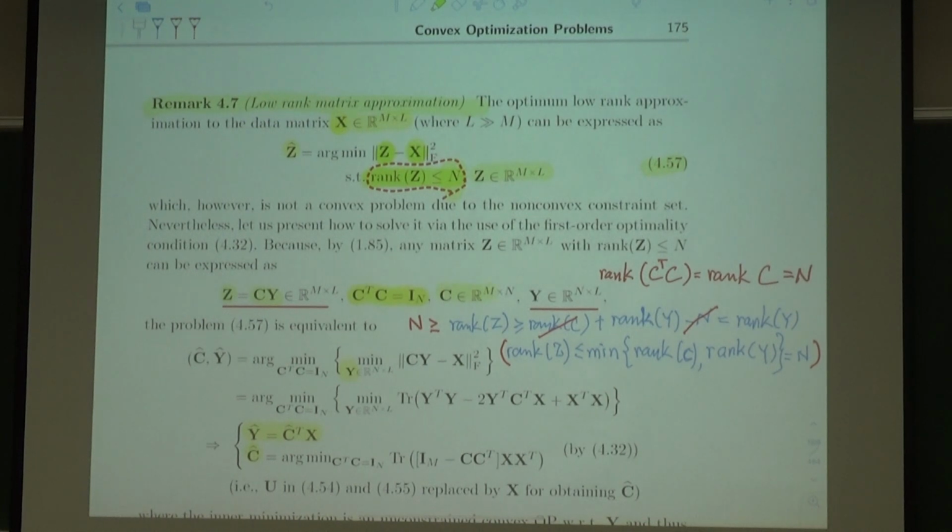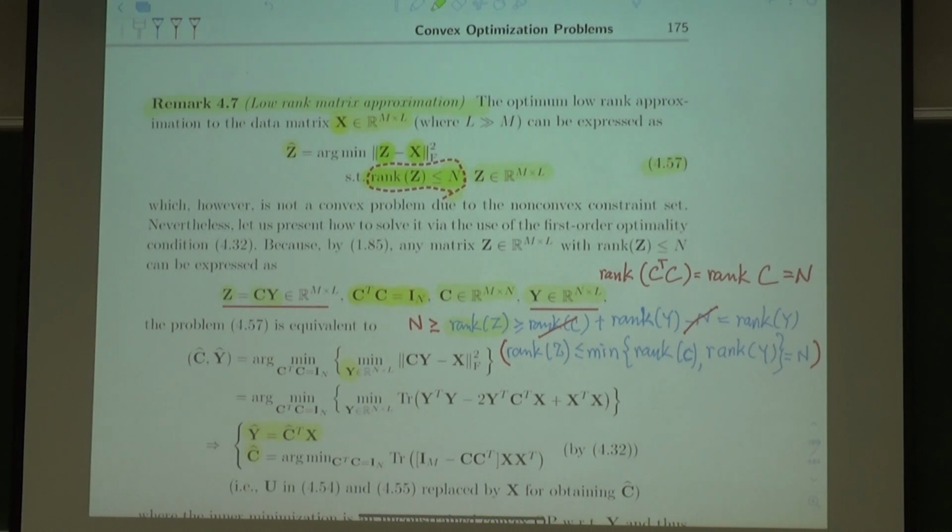C is M times N, Y is N times L. So with this reformulation, we can show that Z is C times Y.